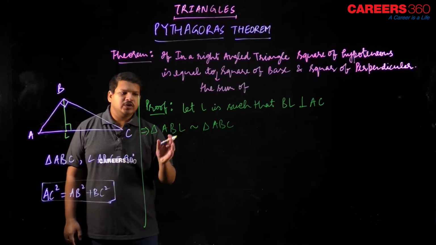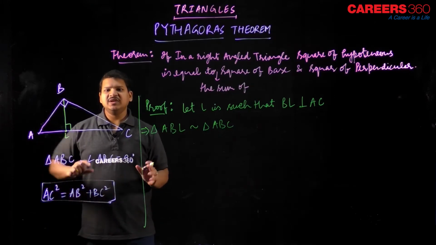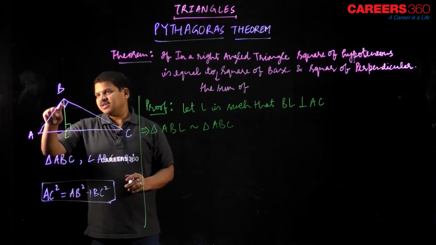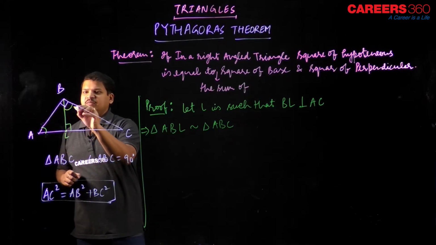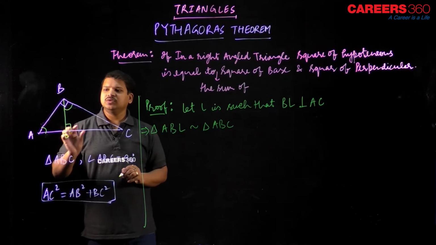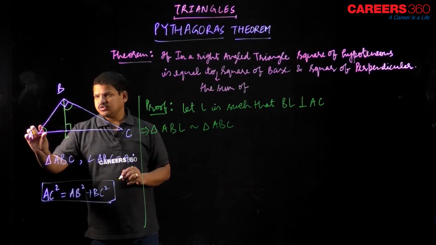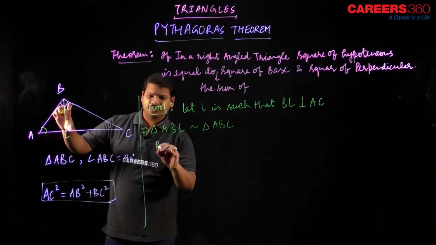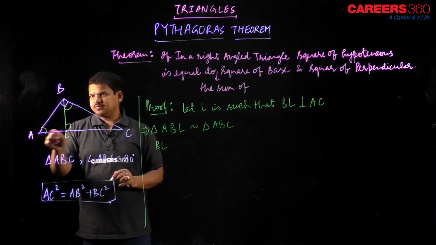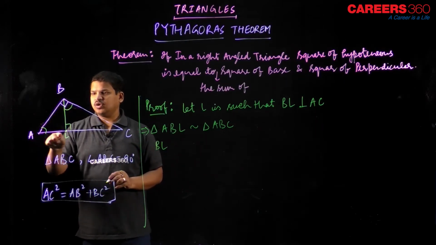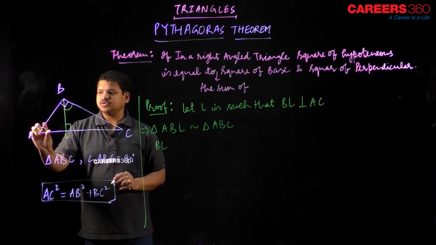What I am going to do is generate a meaningful result from here. In triangle ABL, this angle will be equal to this one, right? So the side opposite to this is BL, and we are comparing this smaller triangle with the bigger triangle, so this is common.